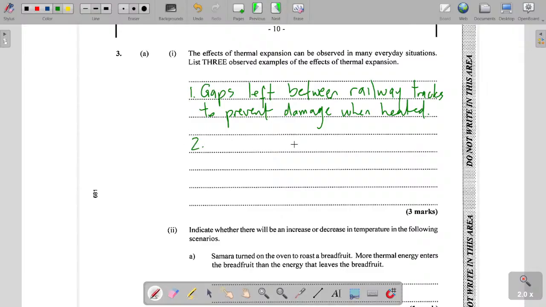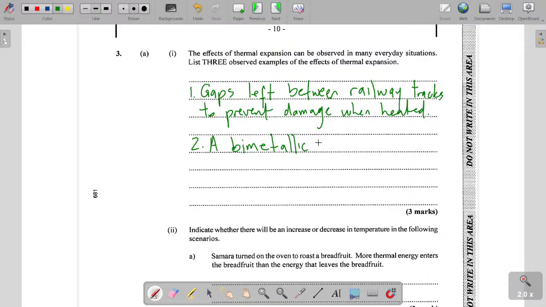Another example of thermal expansion is a bimetallic strip being bent in a thermostat. A bimetallic strip, and bi means 2, so 2 metals are joined together and they expand at different rates, right?